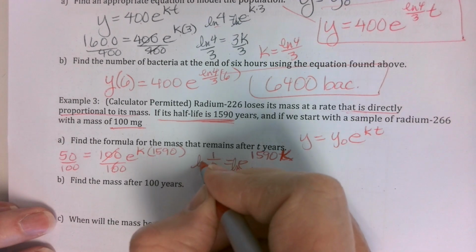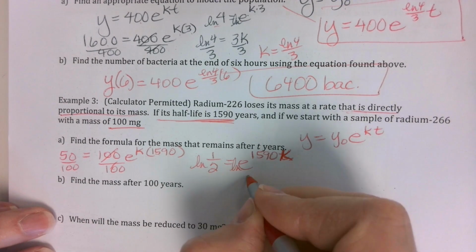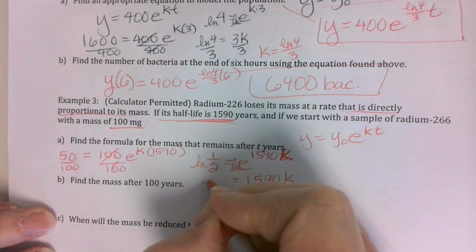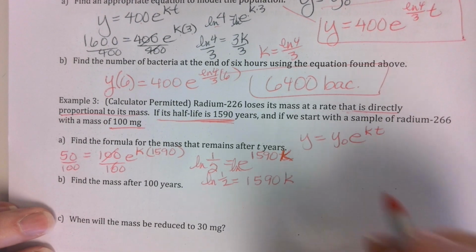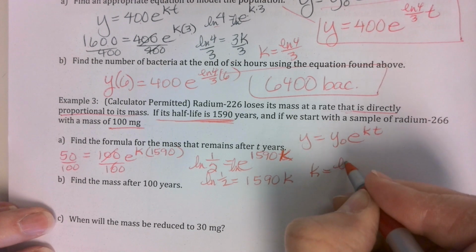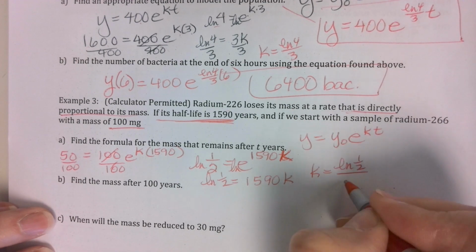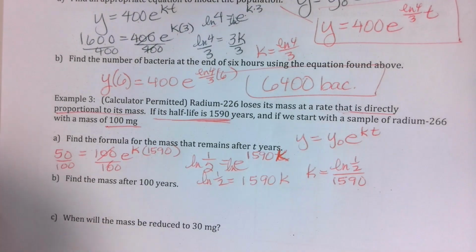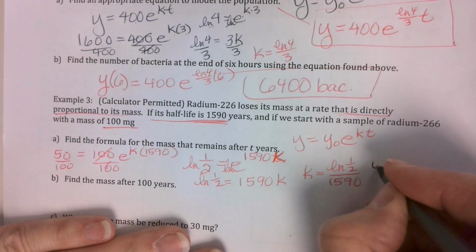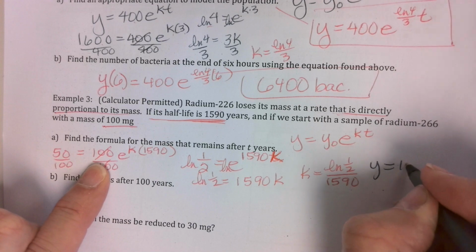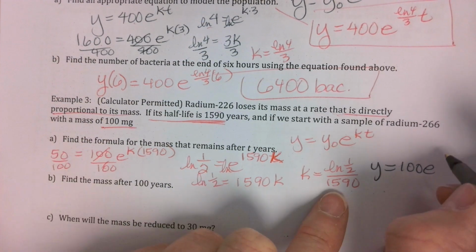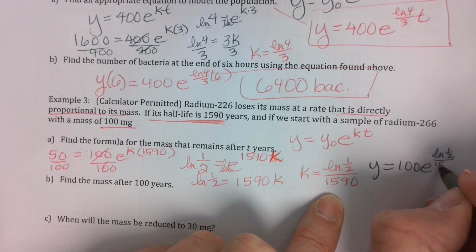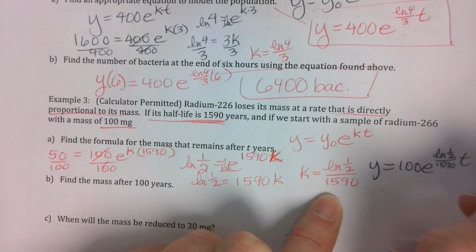Natural log both sides, power down in front, and the natural log of e is just 1. So our k is natural log of 1/2 over 1590. And so the formula would be y equals 100 e to the natural log of 1/2 over 1590 t.